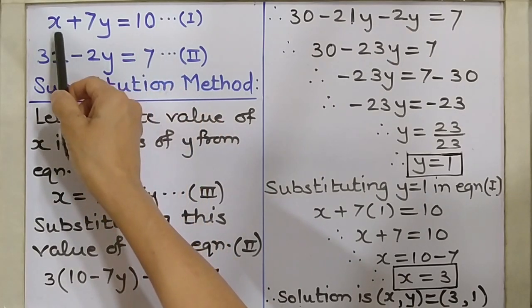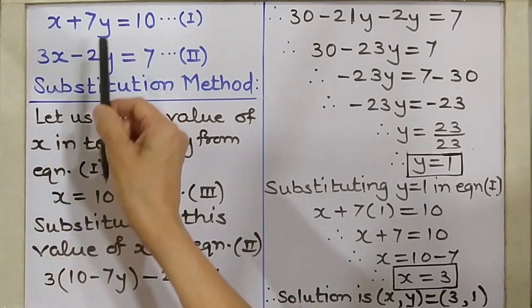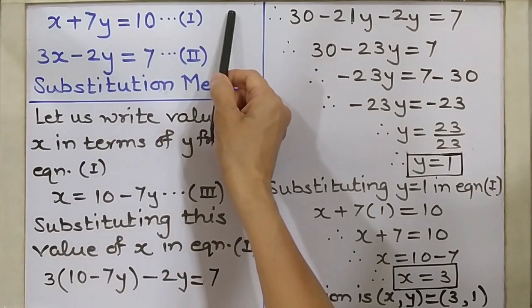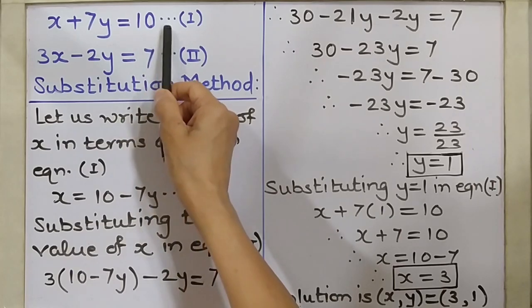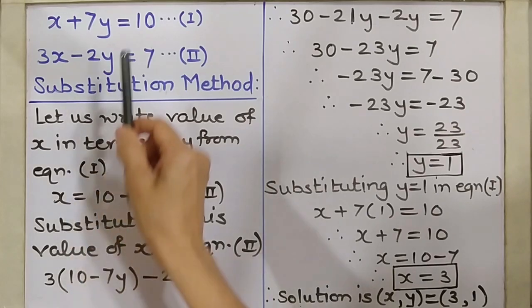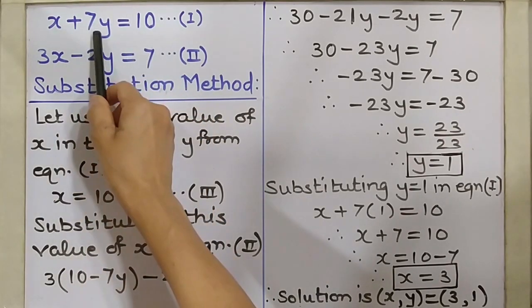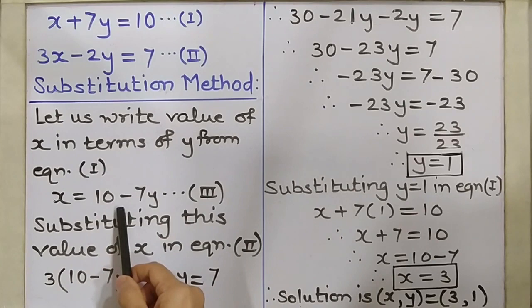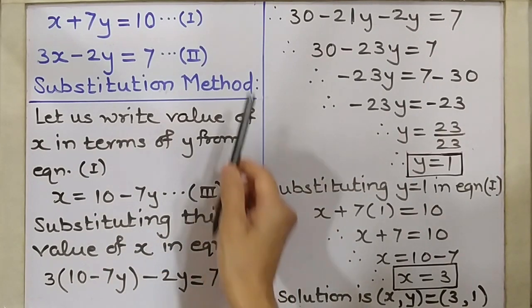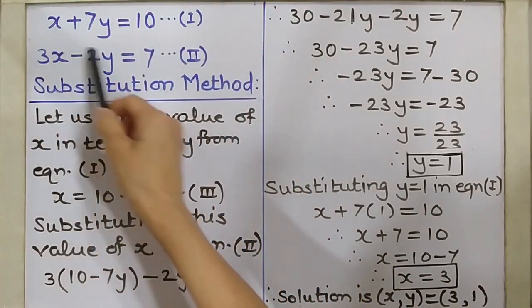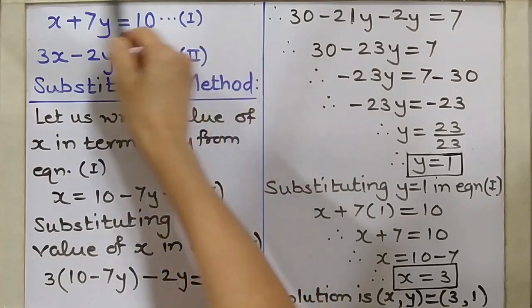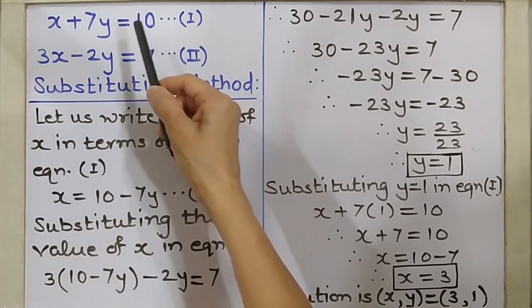So this will become x is equal to 10 minus 7y, as plus 7y will go to the other side and become minus 7y. We'll number this as equation 3. We have written x in terms of y from equation 1. That is why we'll substitute this value of x in equation 2.